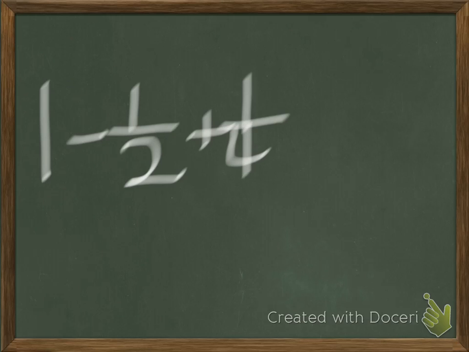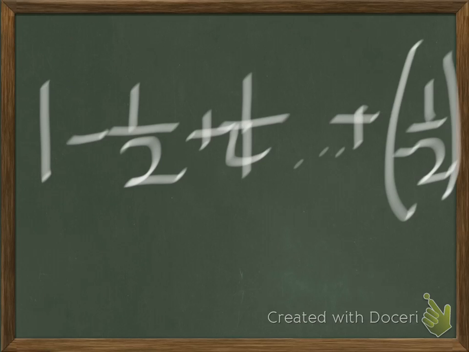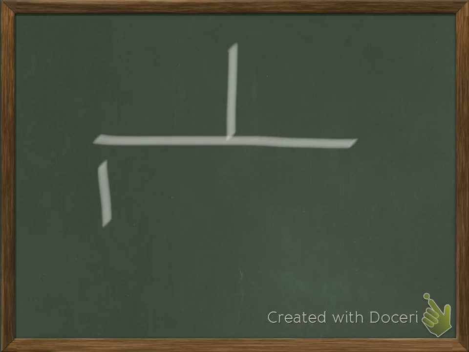Now let's get another example, but slightly different. We're going to have the series 1 minus 1/2 plus 1/4, and so on, with the general term negative 1/2 to the n minus 1. The first term is 1, so we put 1 where our a would be, over 1 minus our r term, which is negative 1/2.